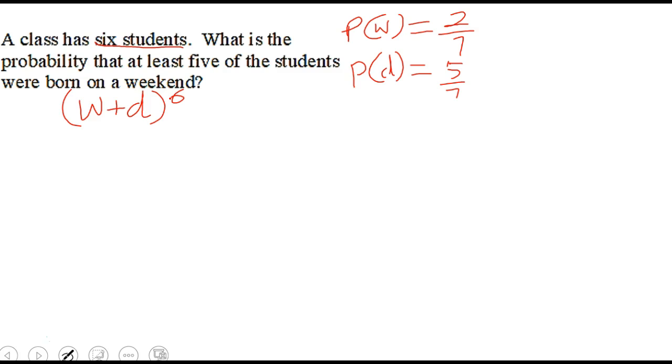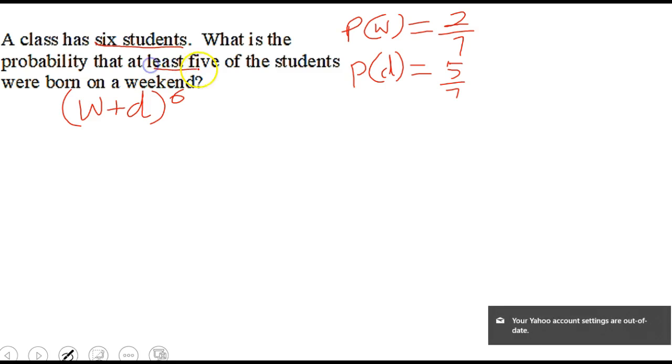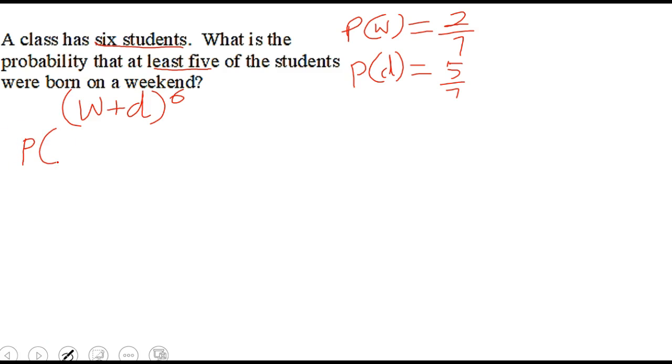And so now this asks for at least 5 students. So the probability of having at least 5 students is going to be the probability that the number of people born on a weekend is greater than or equal to 5. Since W is the weekend, either you have exactly 5 people born on a weekend or you have 6 students.